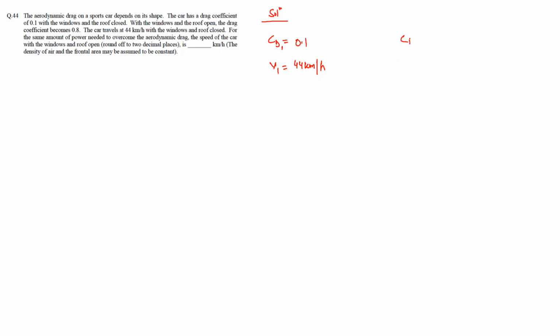Drag coefficient 2 is given as 0.8. Velocity is what we need to find. They have said that the power is the same amount of power needed to overcome the aerodynamic drag, FD times v, where the drag force is given as CD times half rho A v square.